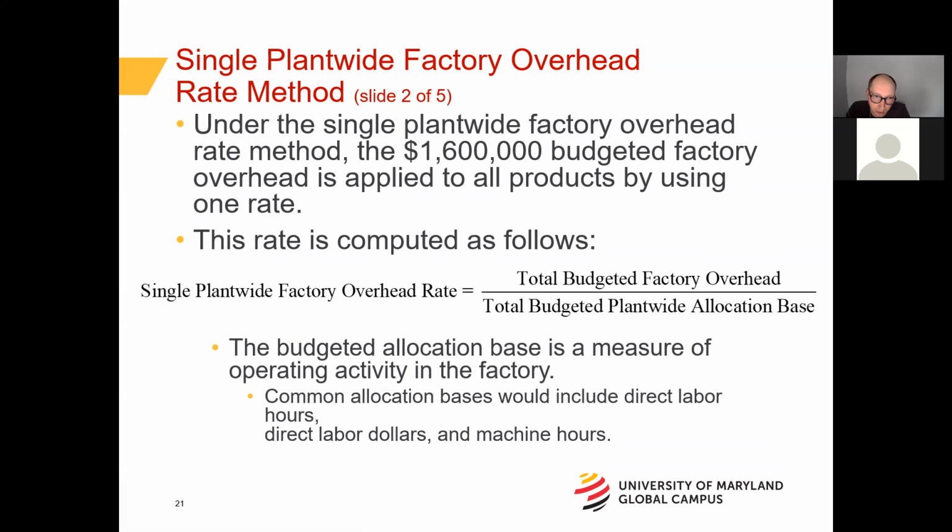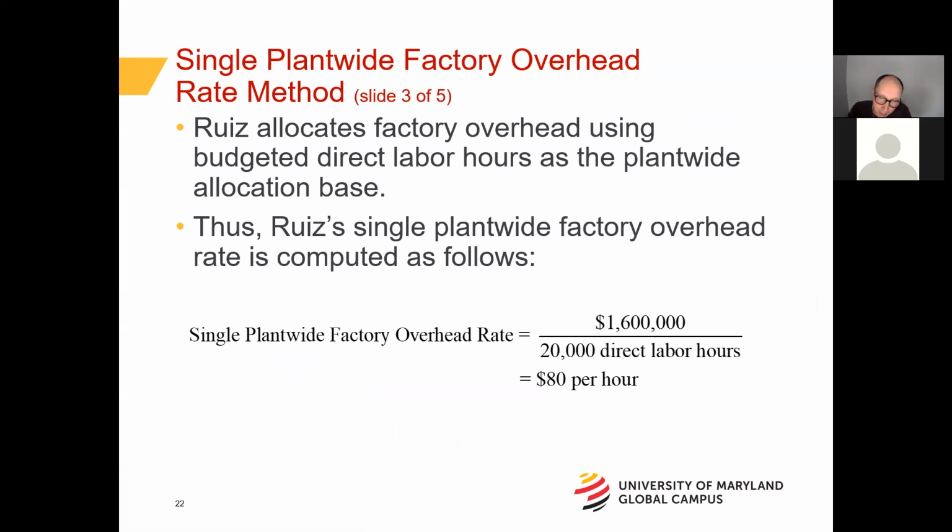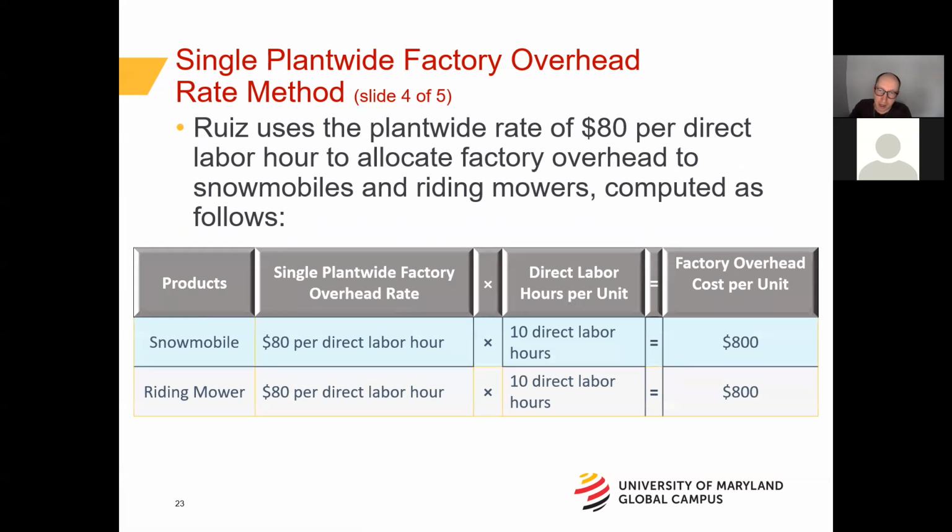So here's the calculation. Very, very simple. Factory overhead, 1.6 million divided by 20,000 labor hours is $80 per hour of factory overhead allocated to each unit produced. How do we allocate it to each unit produced?